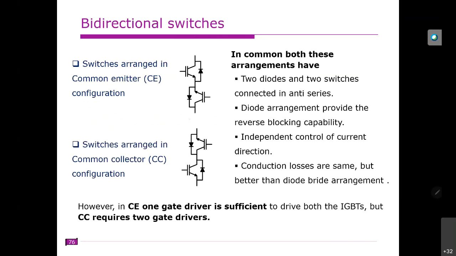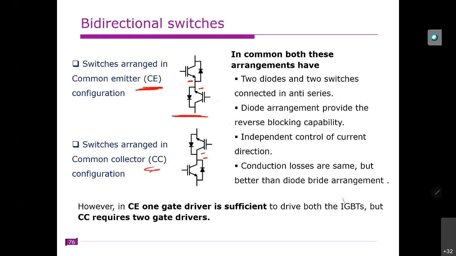So this is two anti-parallel IGBTs with anti-parallel diodes connected in series, right? So we had two different configurations. One is the common emitter and the other is common collector. If you notice here, this is the emitter, and this is also an emitter. The emitters are common here, whereas these collectors are common here.